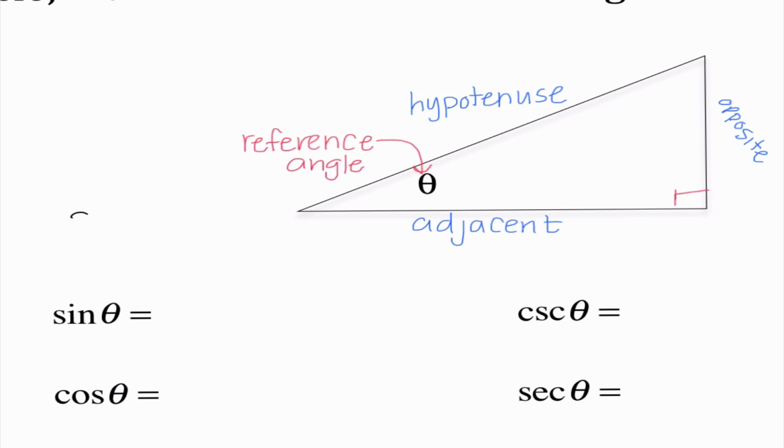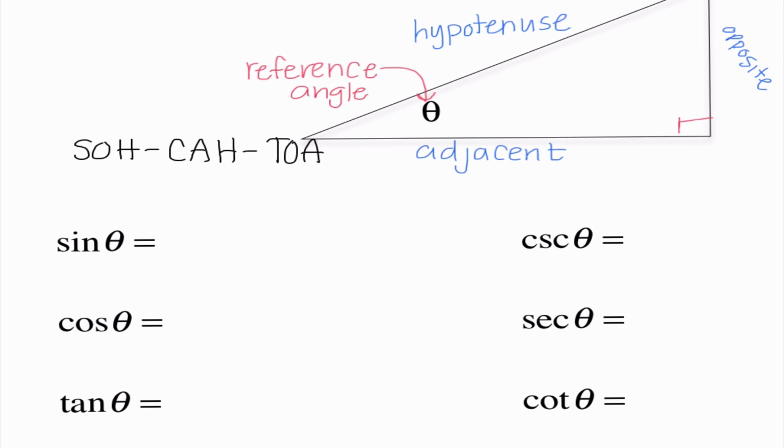In last year or the year before, you guys may have heard of Sohcahtoa. Sohcahtoa is just a way for us to remember the 3 major trigonometric functions: sine, cosine, and tangent.